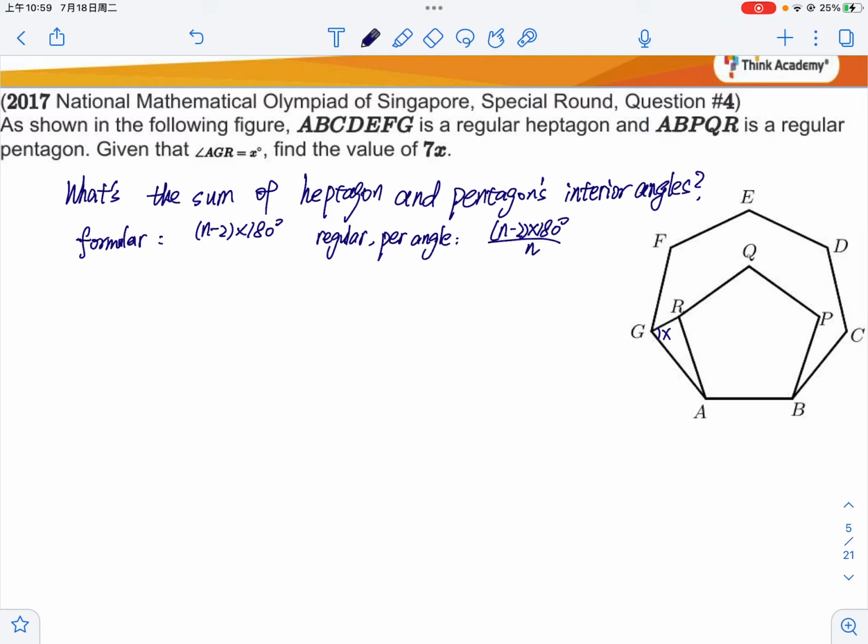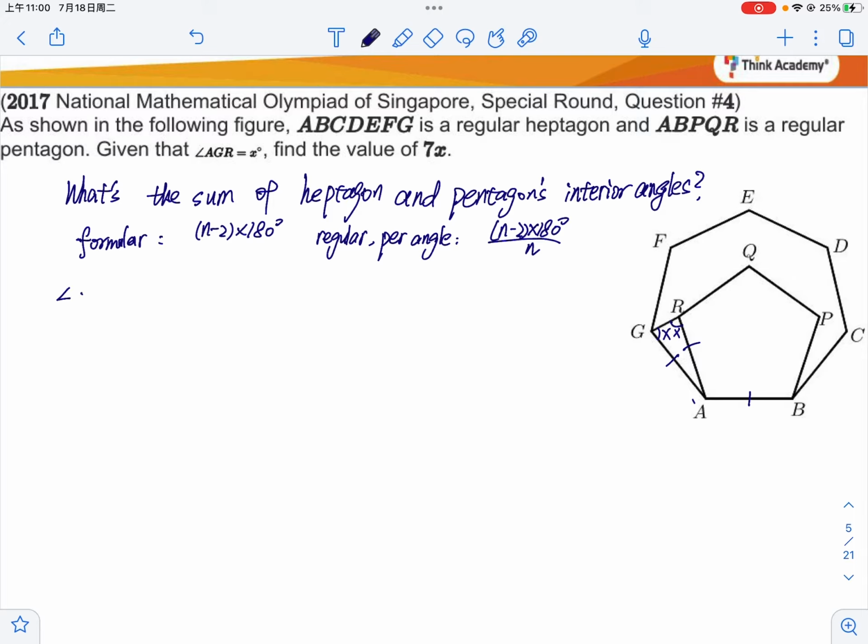It's a regular heptagon and regular pentagon, which means this side and this side and this side are always equal. So this triangle GRA is an isosceles triangle, which means the angle AGR should equal angle ARG, which is also X, right?